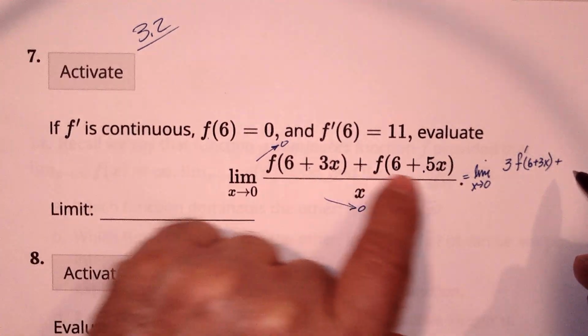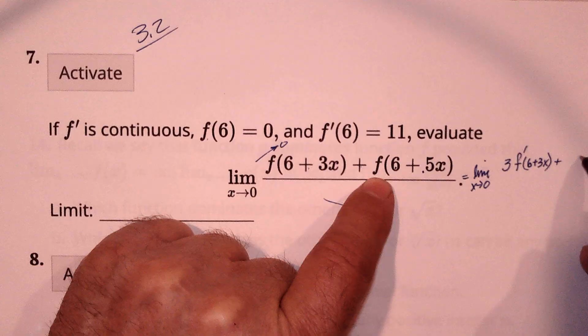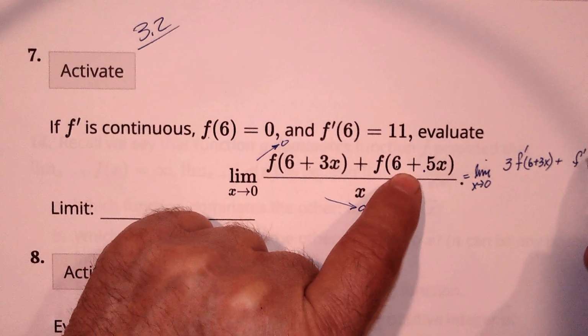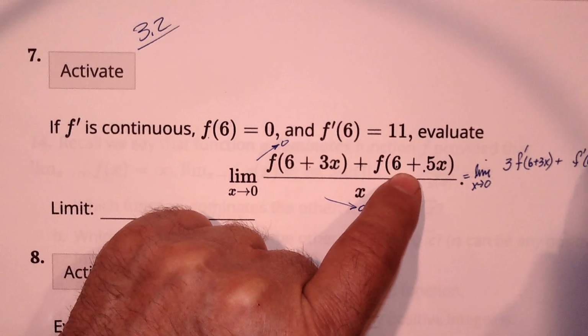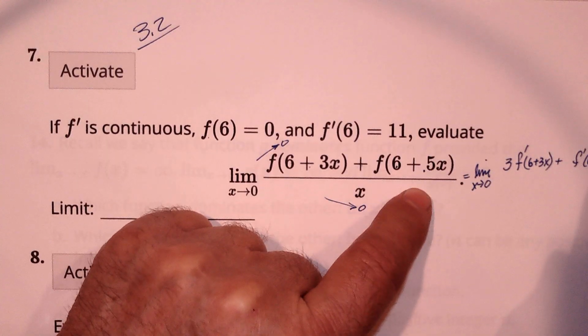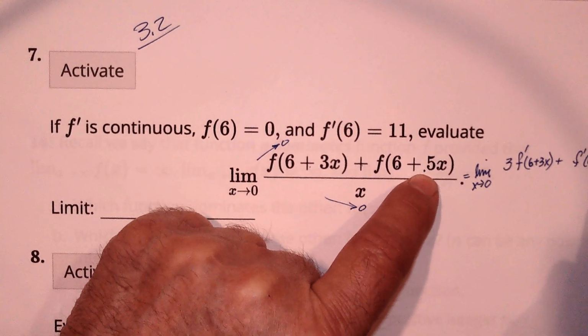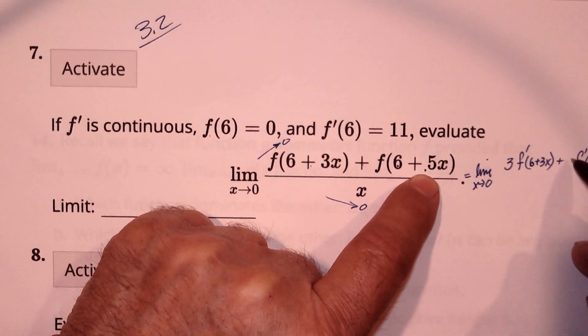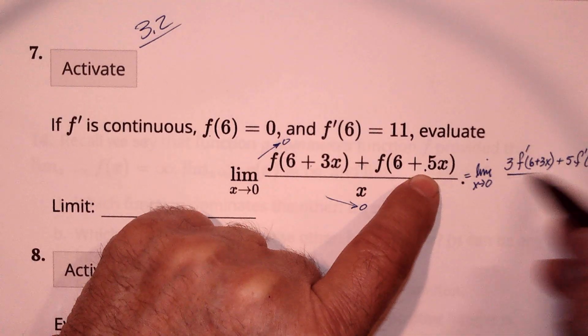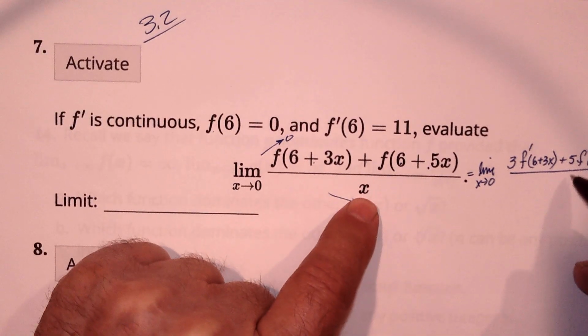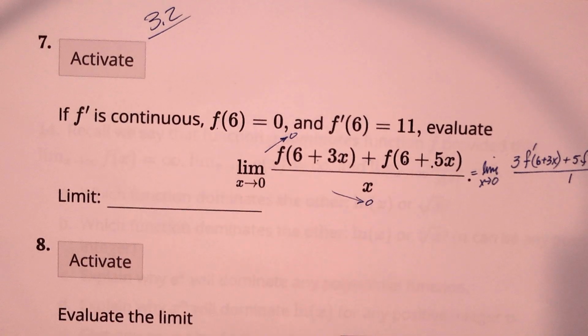Plus, the derivative of this would be f prime of 6 plus 5x times the derivative of the inside, which is a 5, over the derivative of x, which is 1.